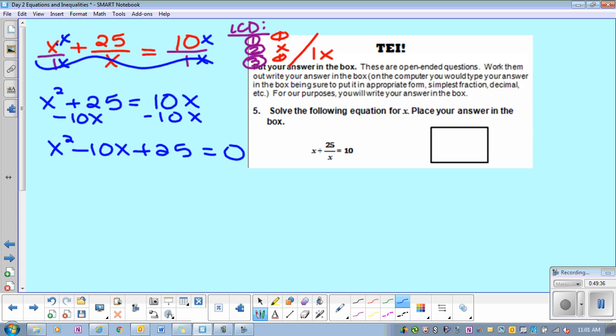We can factor this or we can graph it. What do you want to do? You want to graph it or factor it? You want to factor? All right. AM. Two numbers that multiply to give me a positive 25, but add to give me negative 10. What are they?